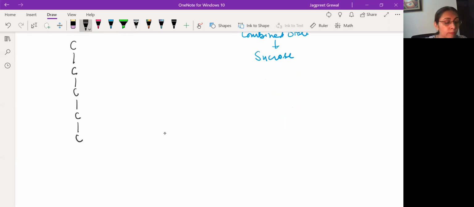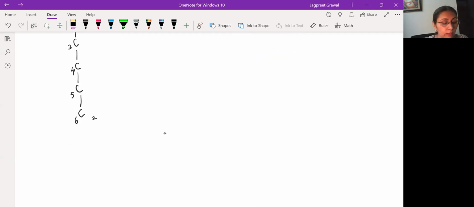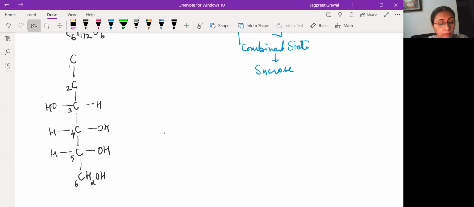so 6 carbons, 1, 2, 3, 4, 5, 6. It's the same way as glucose, CH2OH. At the third carbon, the position of the OH group is on the other side, on the left side.